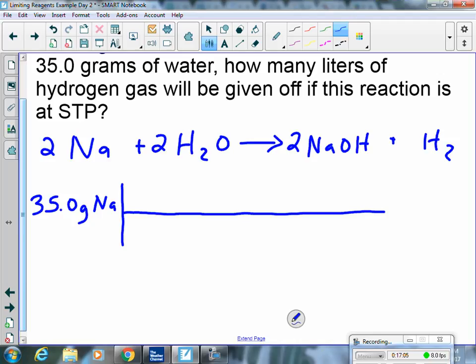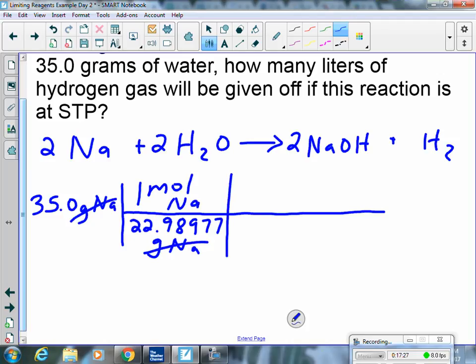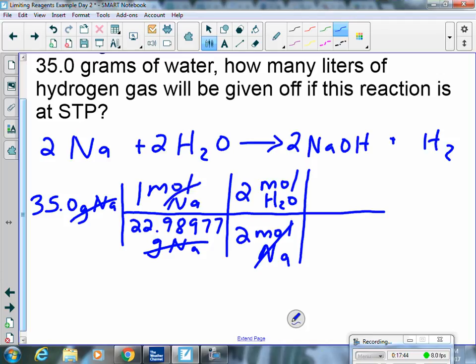My reactants. Well, I know that sodium has a molar mass of 22.98977 grams of sodium. It is 1 mole of sodium. So I've converted this from grams of sodium to mole. Now I'm going to use my molar ratio. I know that 2 mole of sodium react with 2 mole of water. So now I've converted that into mole of water.